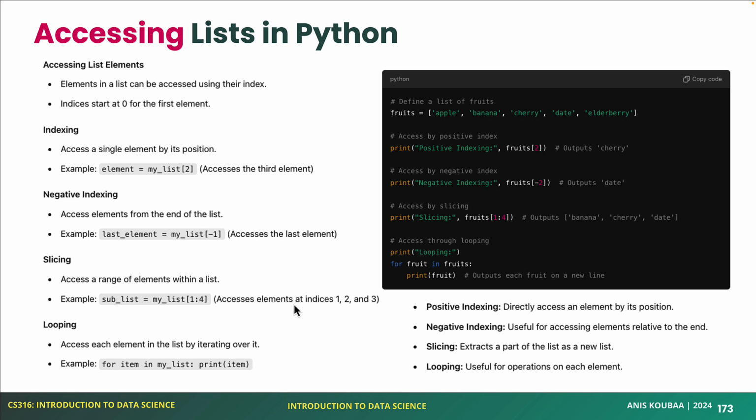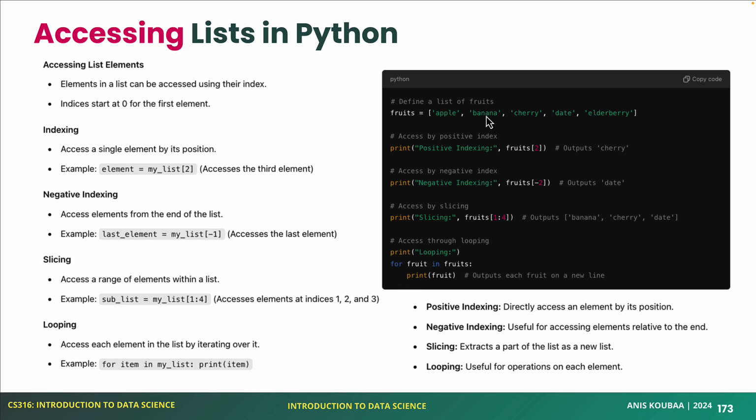We can do slicing. It means I'm going to take just a portion of the list. This is what we call slicing. So 1 to 4 means it will take the elements and create a sublist composed of elements 1, 2, and 3.